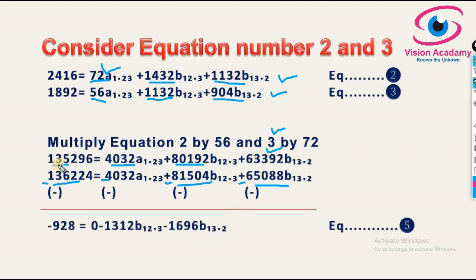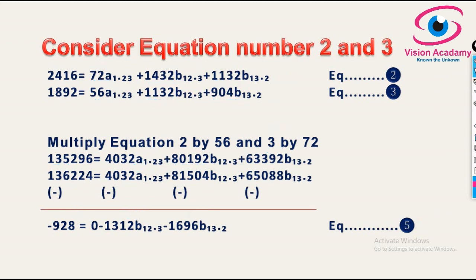So 1,35,296 by 1,36,224, minus value is highest, minus 928. So this will be cancelled, so it will be 0. 80,182 minus 81,504, minus 1,312, and 63,392 minus 65,088, minus 1,696. So this is equation number 5.